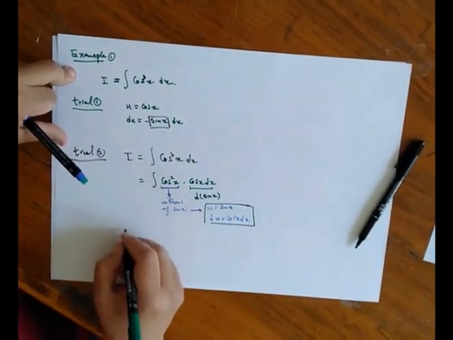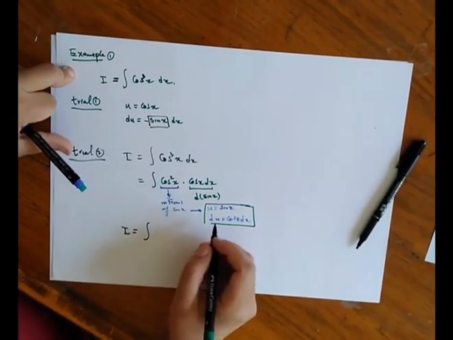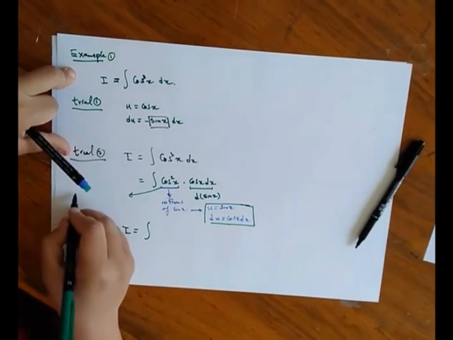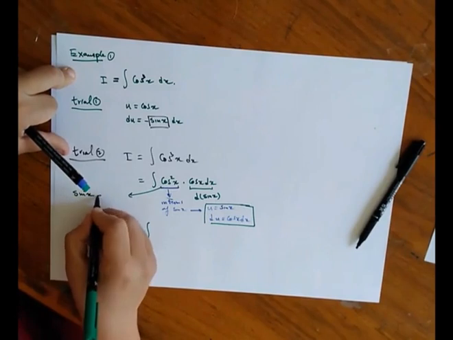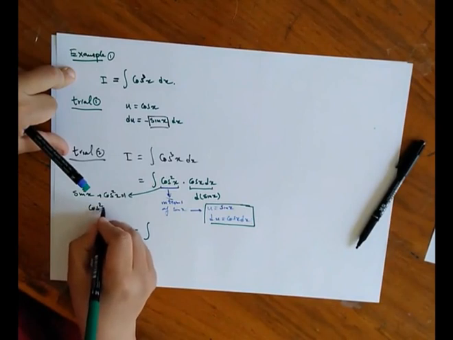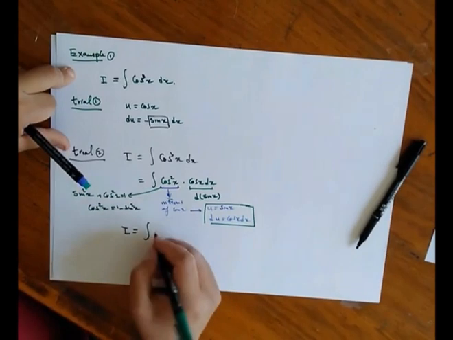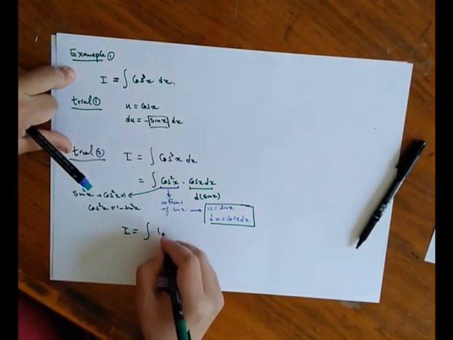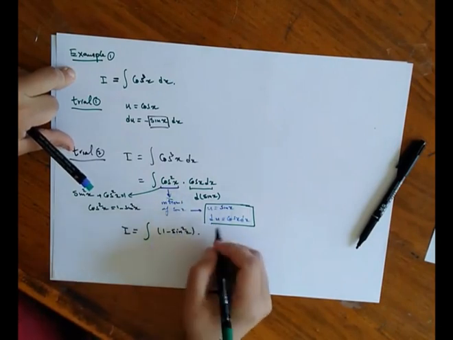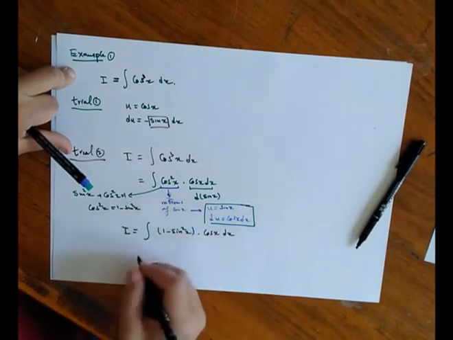Now if we consider this substitution, our integral has cosine square, which I can rewrite in terms of sine x using the famous formula, cosine square x plus sine square x equals 1. So you can see that cosine square x equals 1 minus sine square x. So I can rewrite our integral as 1 minus sine square x times cosine x dx, and then we use our substitution.